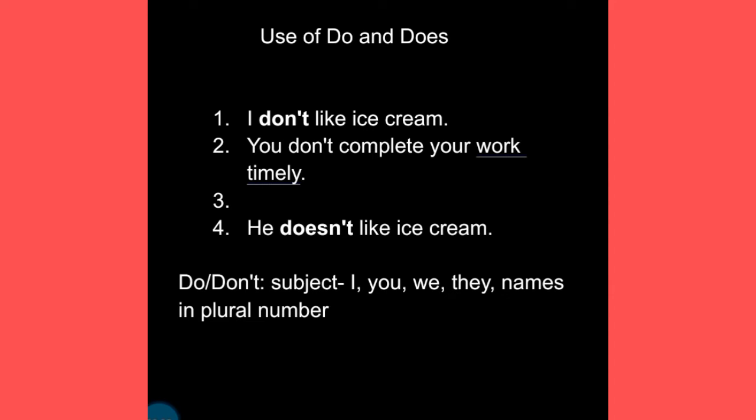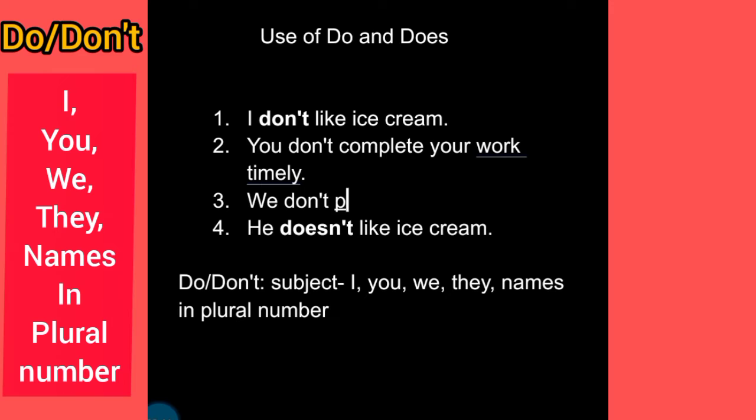Just like I mentioned, I and you will include do. Since we are making negative sentences, we are also using not after do. So don't is the contracted form of do not. We: so if the subject is we, we don't play there daily.